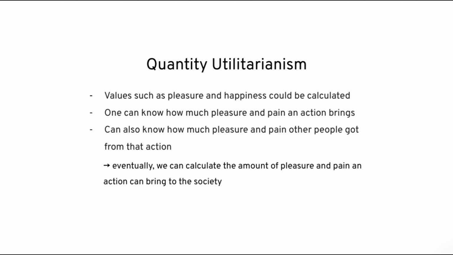This will lead to the calculation of the pleasure and pain the whole society feels for an action, and seeking the pleasure of the most people would be possible. Also, he explained that although there might be differences between the quantity of pleasures, there are no differences in the quality of pleasures. As mentioned earlier in the video, Bentham's utilitarianism has the characteristics of consequentialism.